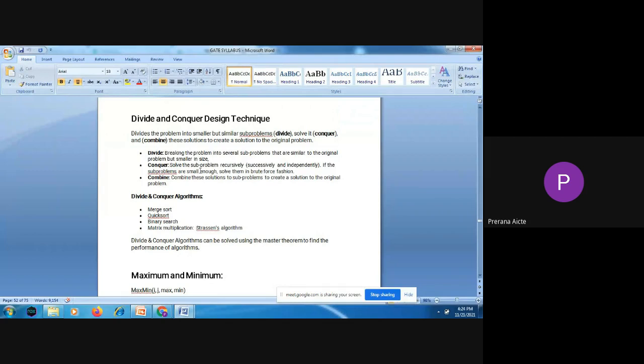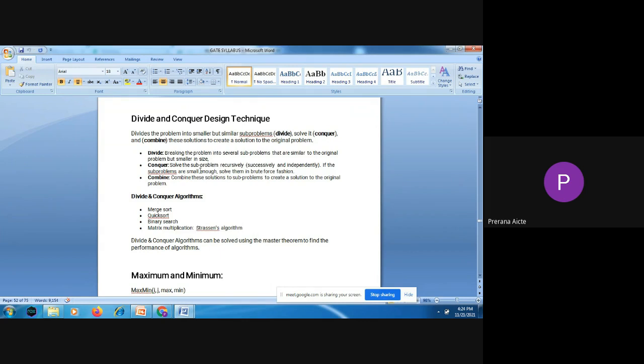Once you find the solution for each subproblem independently, at last you combine all the solutions of the subproblems to get the solution for the original problem. These are the 3 steps we follow in the divide and conquer technique.